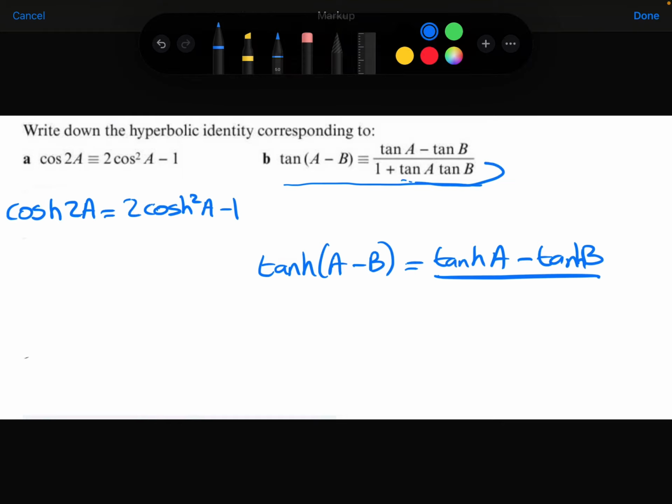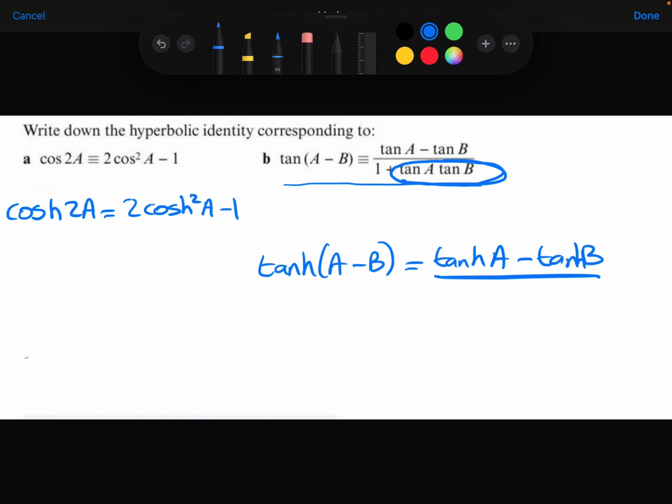But then notice here I've got a tan A tan B, and within that has a sine times a sine. Because of this sine times sine here, I am going to flip this sign to be a negative. So it's going to be 1 minus tanh A tanh B. So this is how we can convert trigonometric identities into hyperbolic identities.